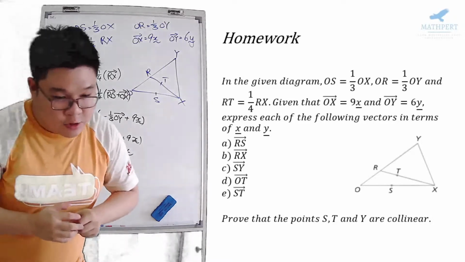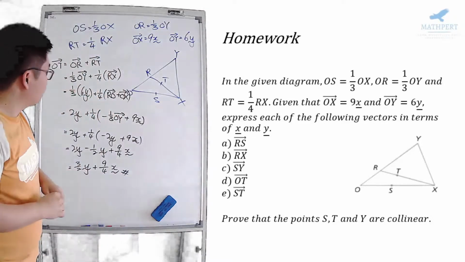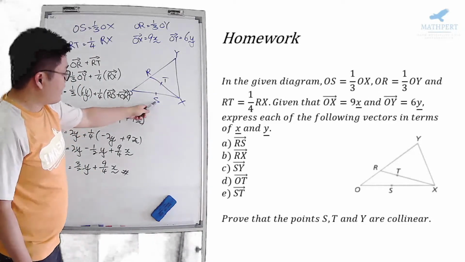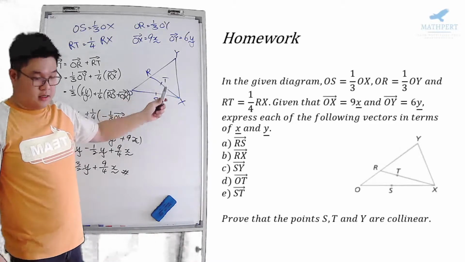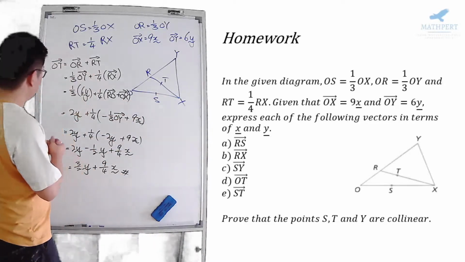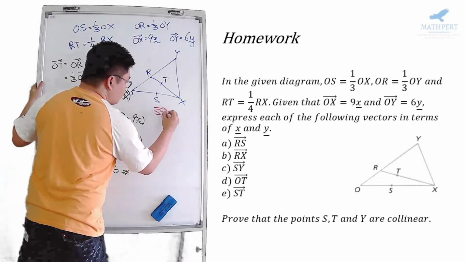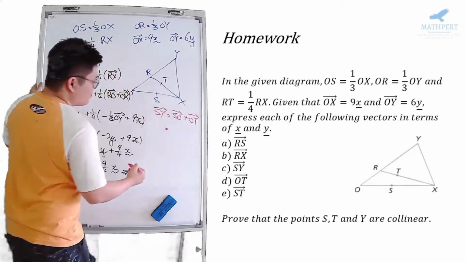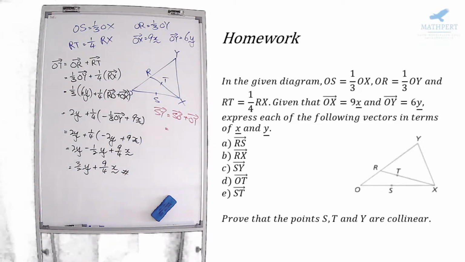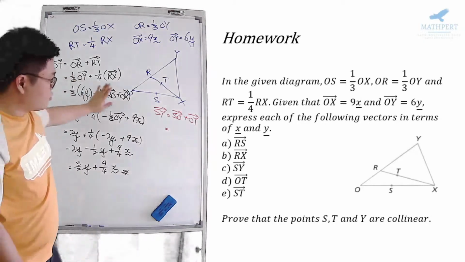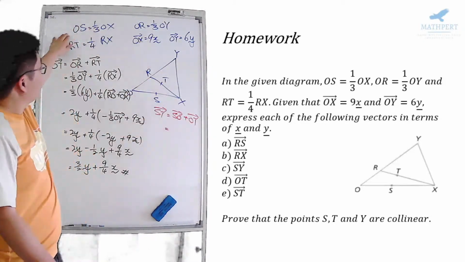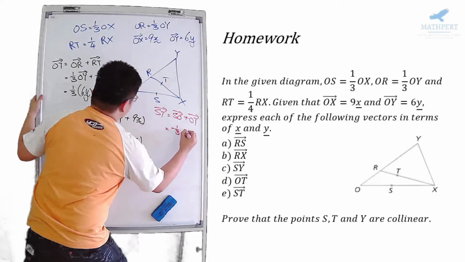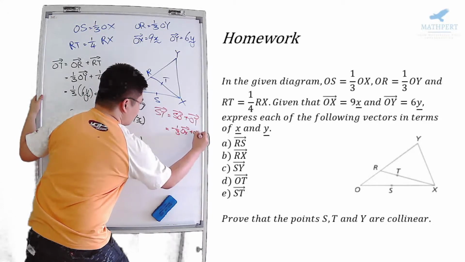Okay, last one, ST. So we can use SO plus OT. ST is equal to SO plus OT. Since we already got OT, which is over here, we can use OT. SO we have here: SO is equal to negative 1 over 3 OX plus OT.